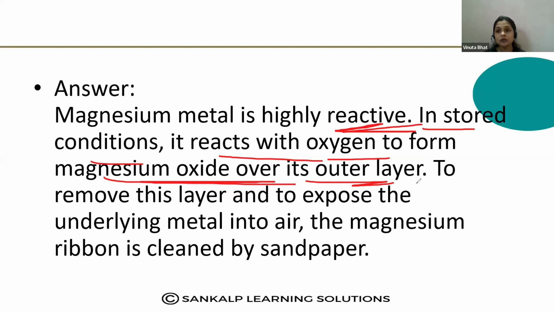Magnesium oxide is present on the outer layer of the magnesium metal. So before burning, this layer should be removed by rubbing, to expose the underlying metal to air. The magnesium ribbon is cleaned with sandpaper. So use sandpaper to clean it, and after that it should be used for burning.